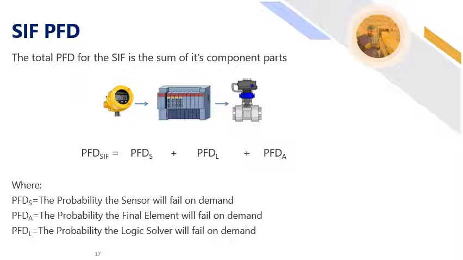Add those together and you get the PFD for the safety instrumented function. Now remember, if you have redundant equipment, we need to be working out the PFD for the redundant equipment before you add it, because redundancy adds a little bit more complexity to those calculations.